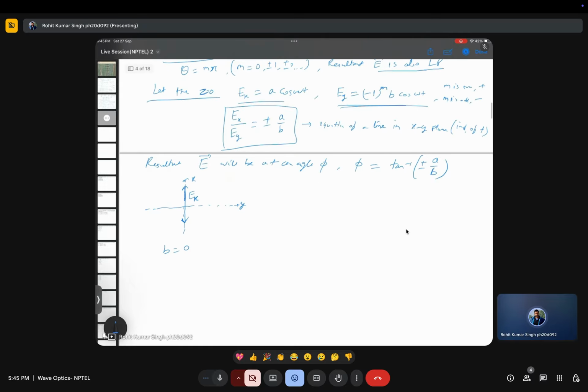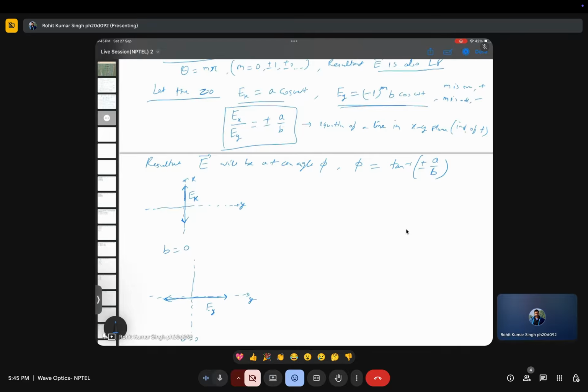And similarly this is for a equal to 0, you only have the y component, so this is your Ey, right?